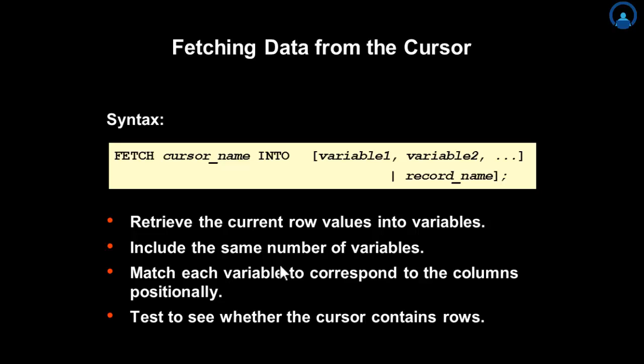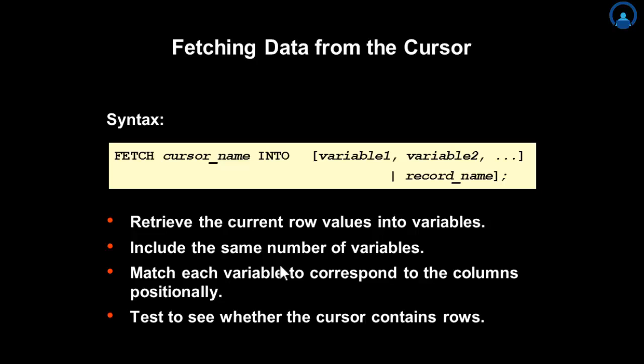In the syntax, cursor_name is the name of the previously declared cursor. Variable is an output variable to store the results. Record_name is the name of the record in which the retrieved data is stored. The record variable can be declared using the %ROWTYPE attribute.